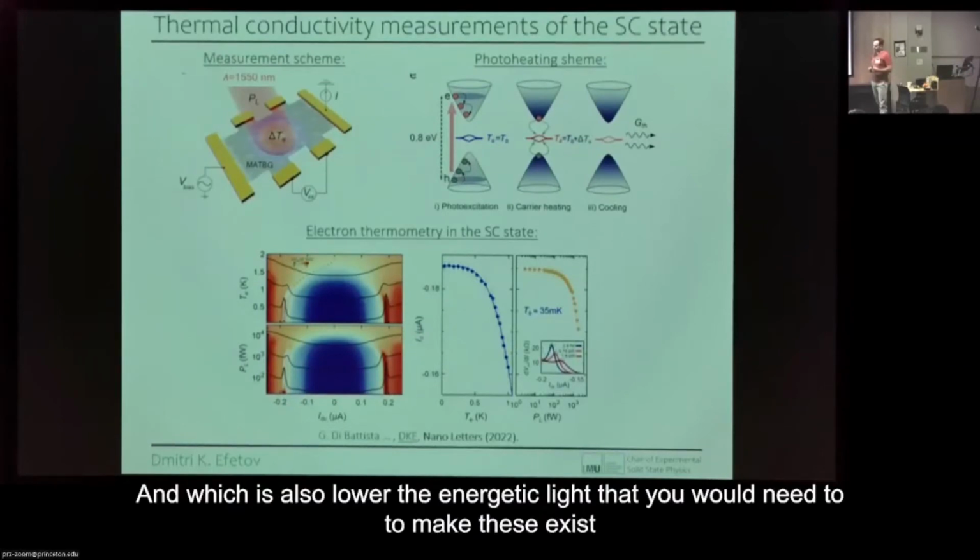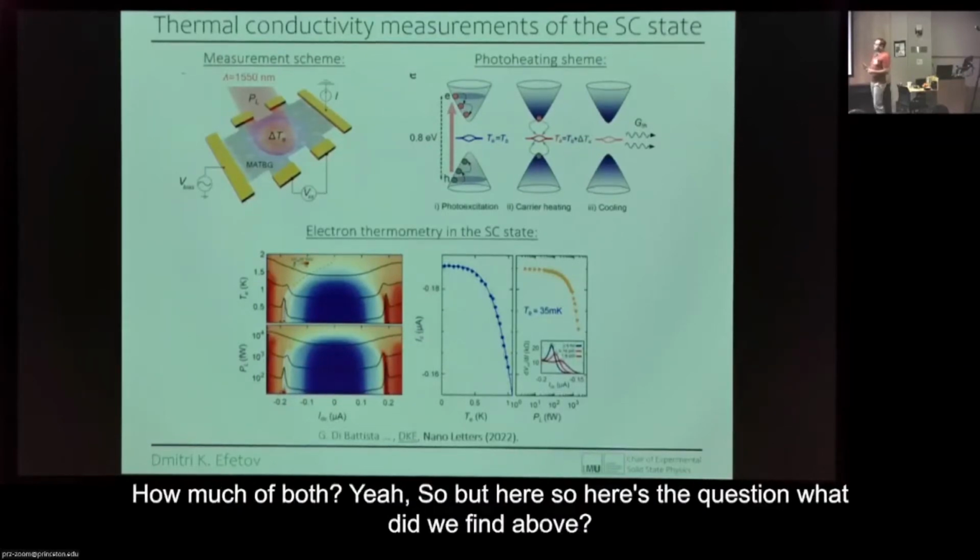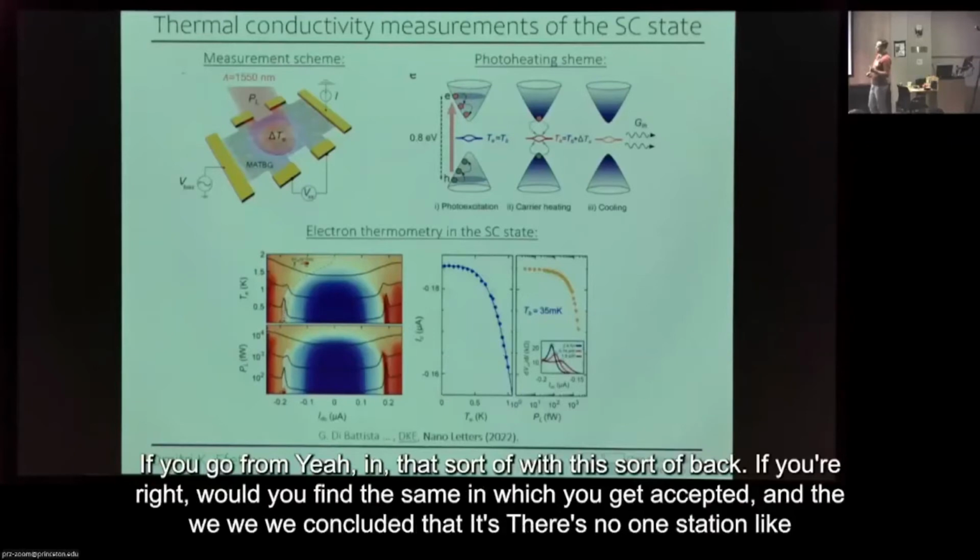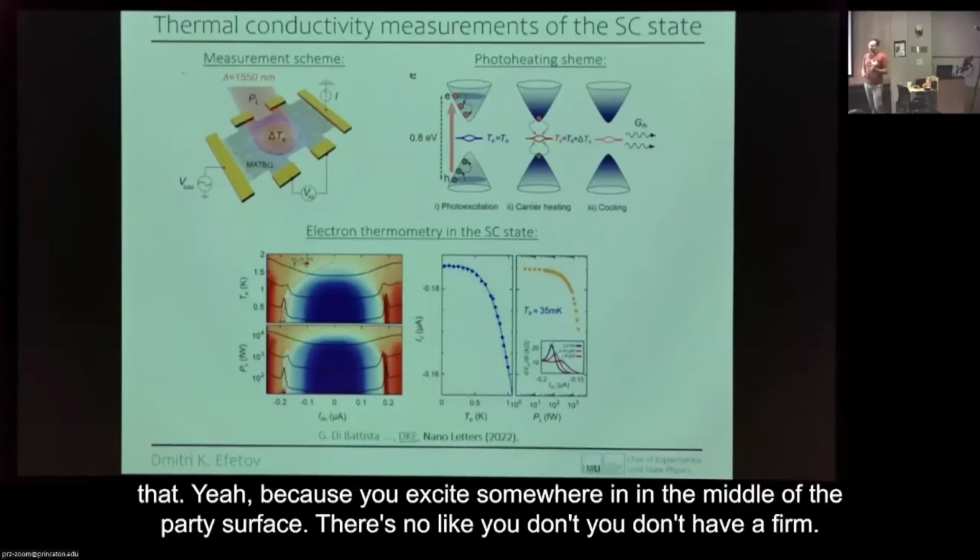You can still start much above. So here is the question: whether, if you go from the flat band here with this sort of vector, you would find a state in which you can excite this. And we concluded that there is no excitation like that, because you excite somewhere in the middle of the Fermi surface.